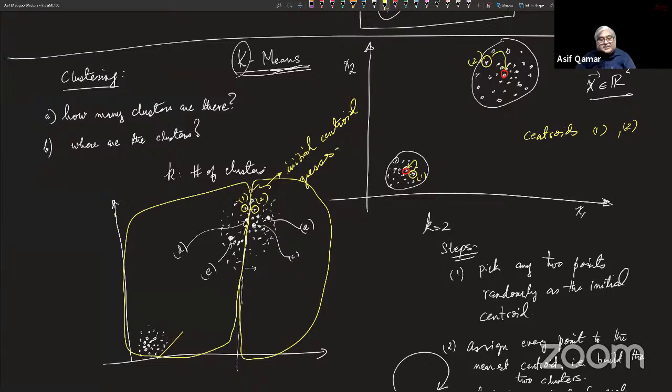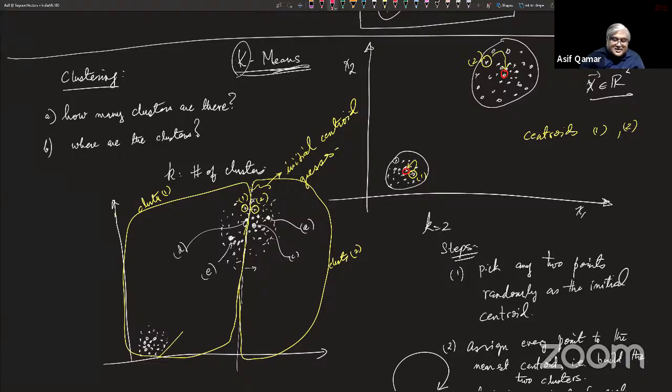Now, what is the center? So now I'll remove this ABCD. Maybe they're cluttered. Maybe I'll leave it. Let's leave it there. Now ask this question of the centroid 2 and the cluster 2. Let me just give it a name, cluster 2, and this is cluster 1. Tell me, where is the centroid for cluster 2?